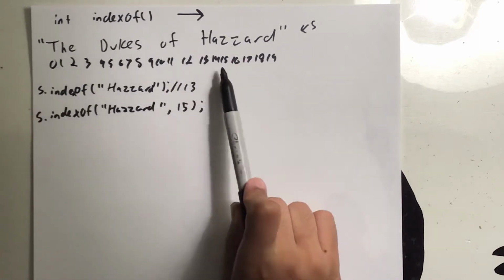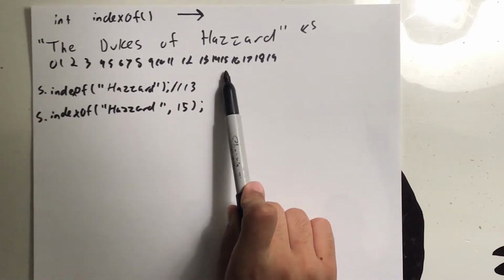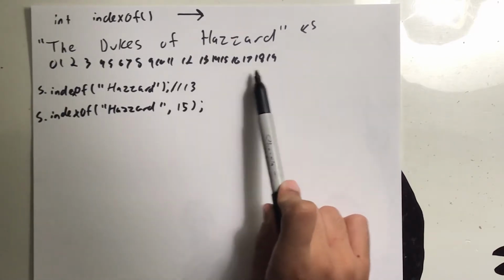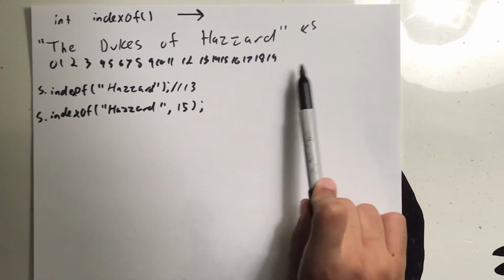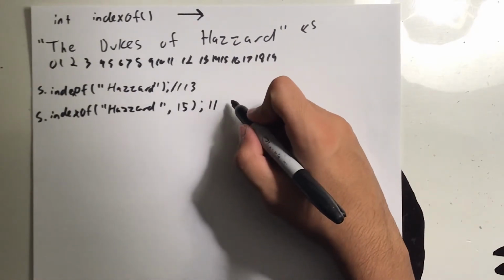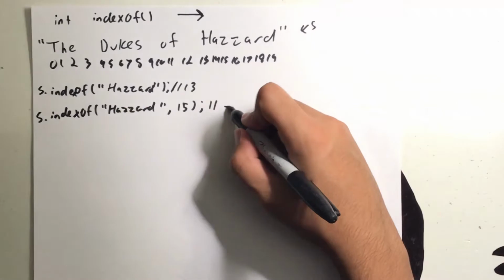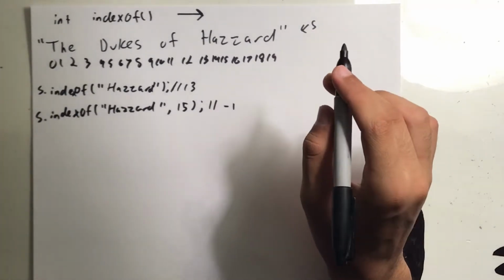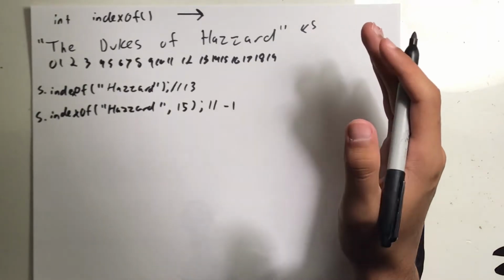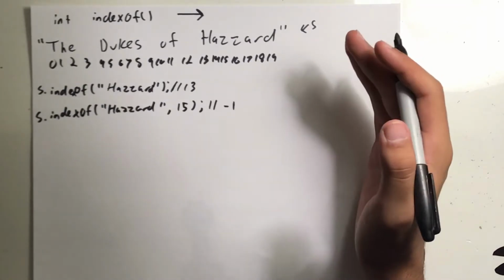So we're going to start at index 15, which is right here, and look for the first instance from here, from left to right, for the word hazard. But here we see that there is no hazard, so it's going to print a value of -1. -1 is like if things go wrong, it'll print -1.